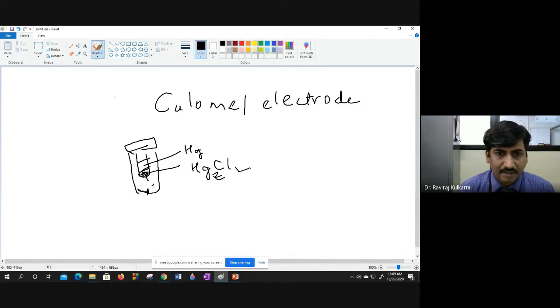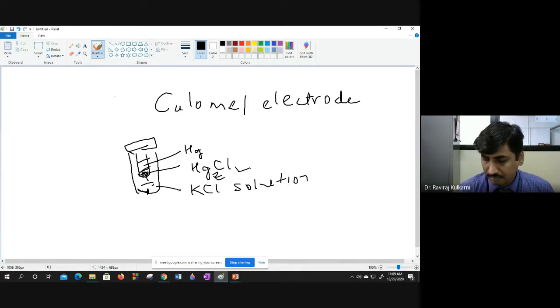And this is KCl solution. Inside this, mercury is in contact with what? Platinum wire. Yes, this we have already discussed. I'm just rebrushing it.